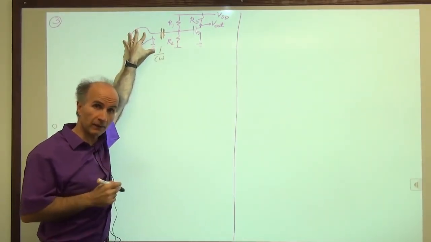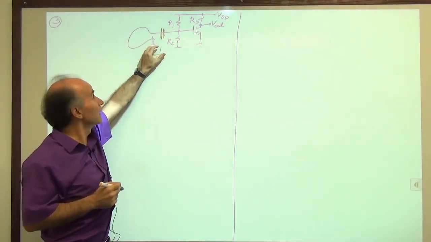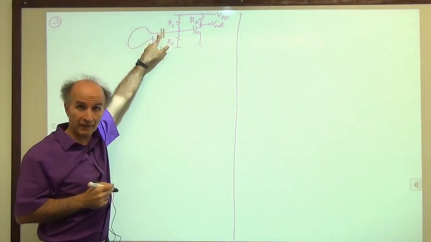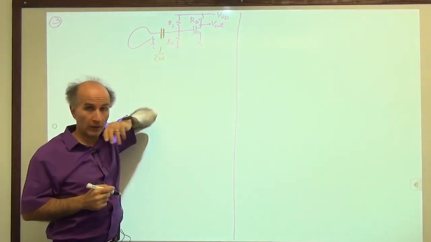There could be disagreement. Here the disagreement is that the antenna wants to see 0 volts here at DC. This guy doesn't like 0 volts. So it could be other situations.